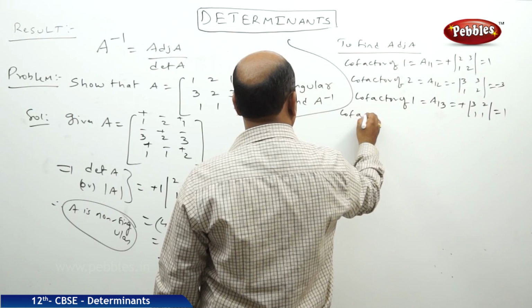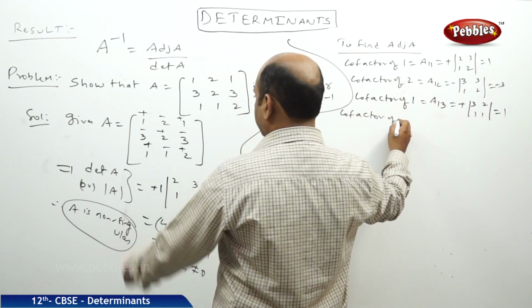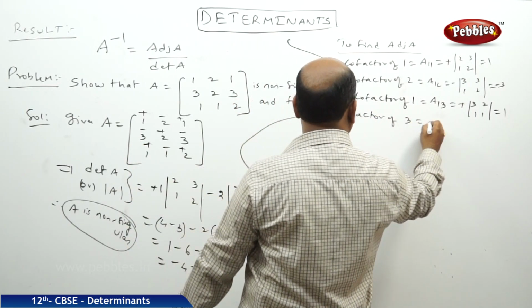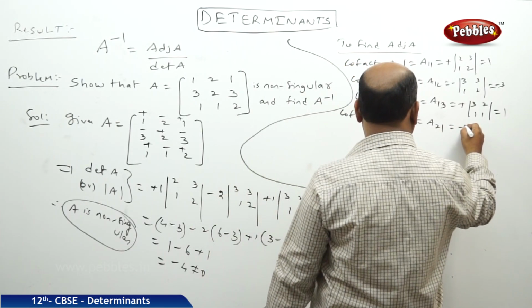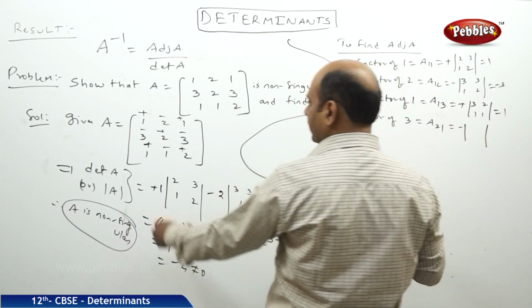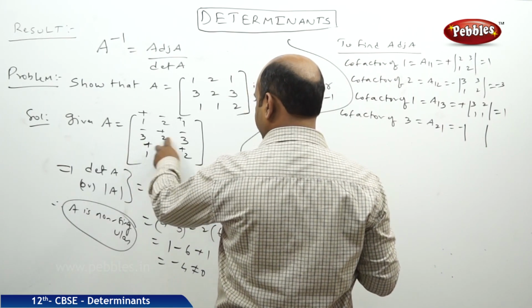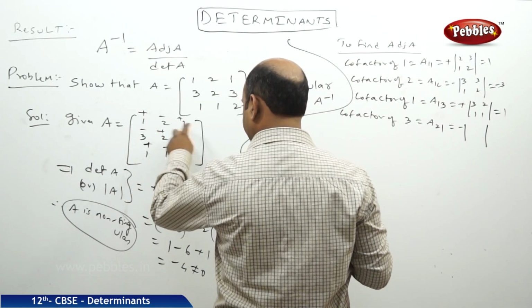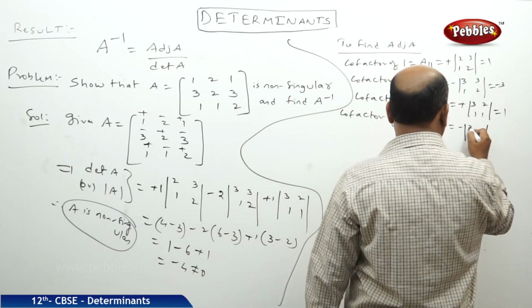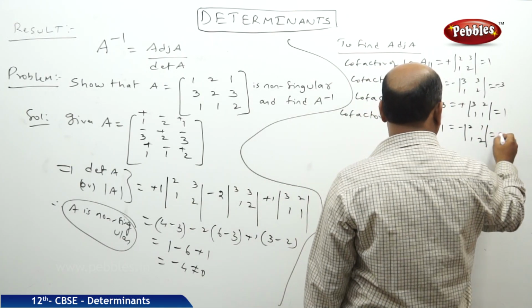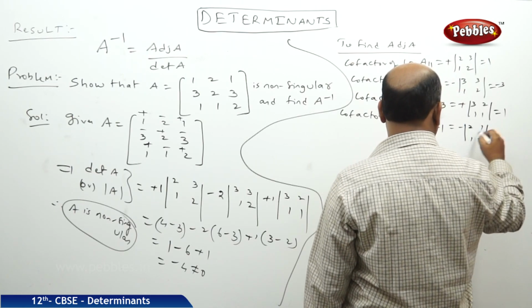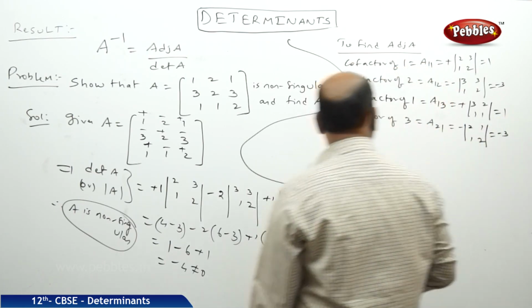Next, cofactor of the next element 3 will be A21. A21 means minus sign, minus into its minor. So 2 1 1 2, that means 4 minus 1, that will be minus 3.